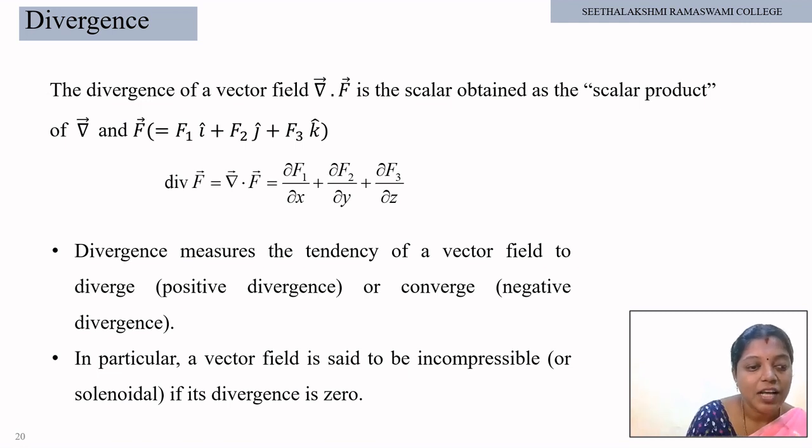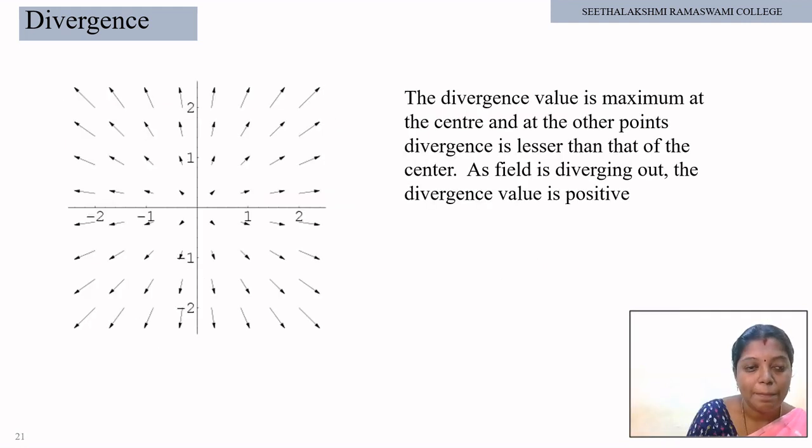If you calculate divergence for f, it is not constant for the complete space. It actually varies with respect to x and y. For example, here I have given a vector field, and you can find the divergence is not constant throughout the vector field. It varies with respect to every position.